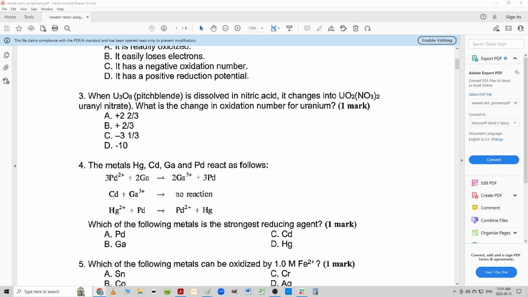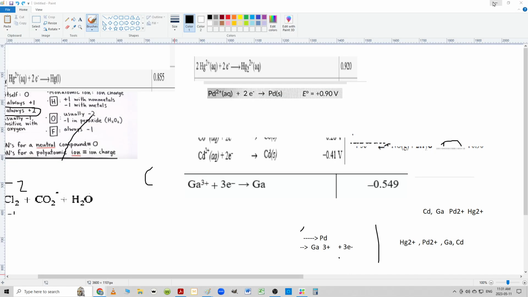It should be roughly the same, though. It doesn't really matter. Negative 0.549, yeah, it's still the same. Let me look up Ga. It should still just be the reverse.